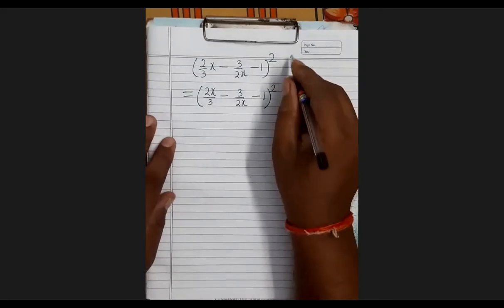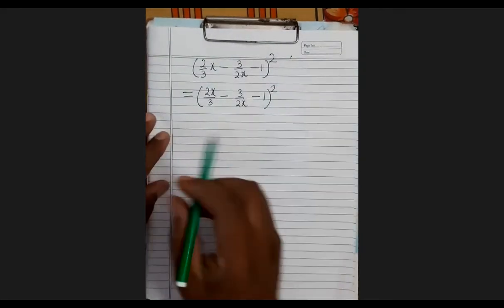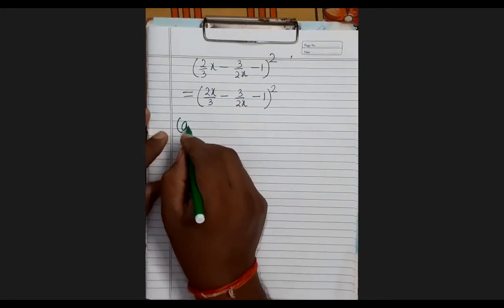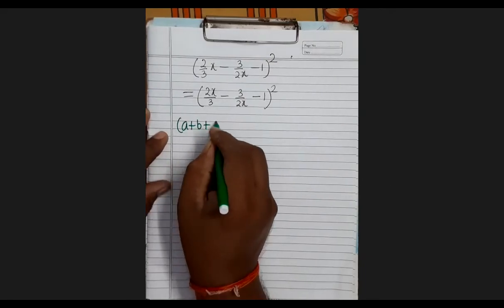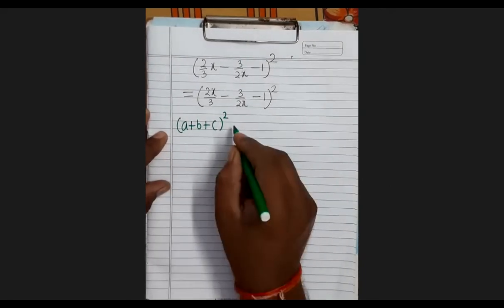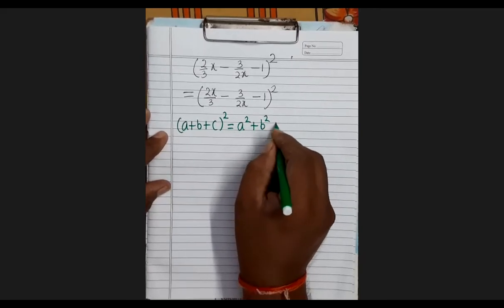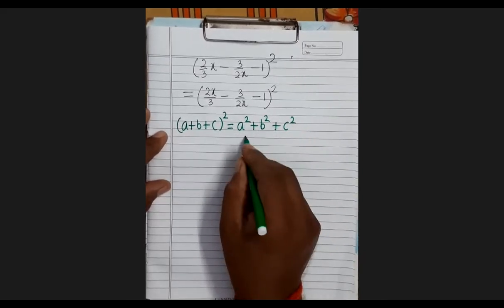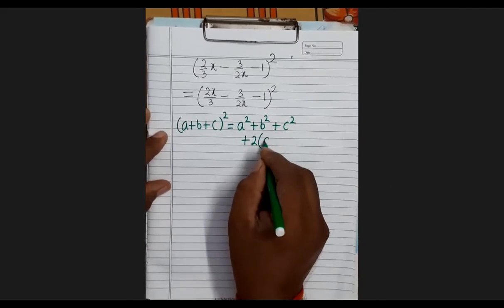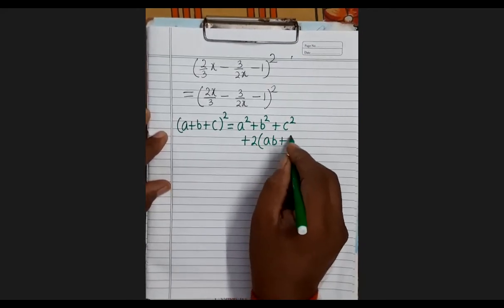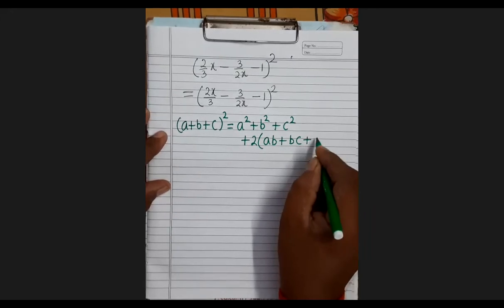We will use this formula a plus b plus c whole square. What is the formula? a square plus b square plus c square plus 2 within bracket ab plus bc plus ca.